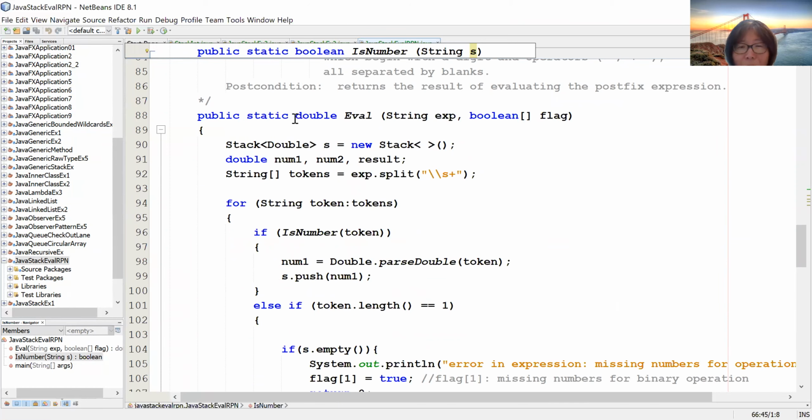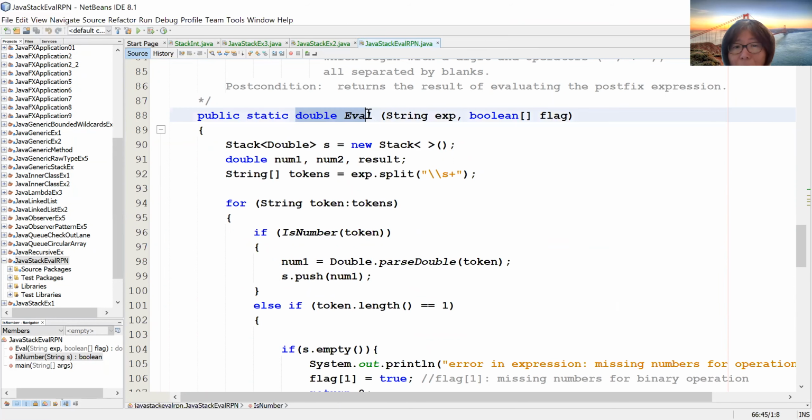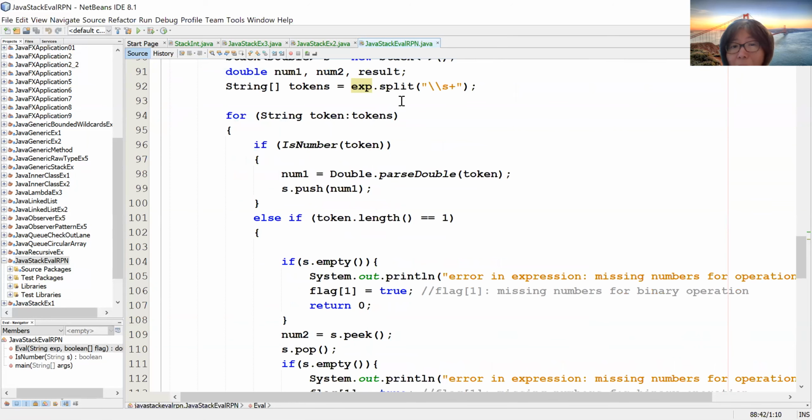Then the main part is this evaluation function. It takes the postfix expression as the input, follows the algorithm that we just discussed, and does the calculation. Once again, you see the string split function is used to get each token out, okay?